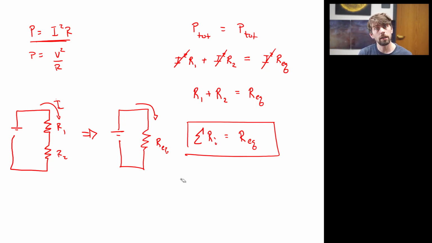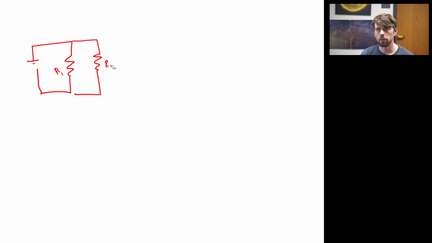Well, while we're at it, we might as well get the other expression. The second expression, you say, there is series, but what about if they're in parallel? Right? So we'll call R1 and R2. Good.